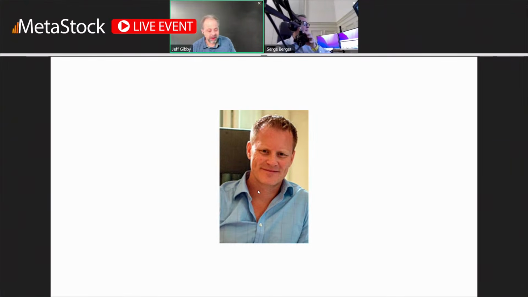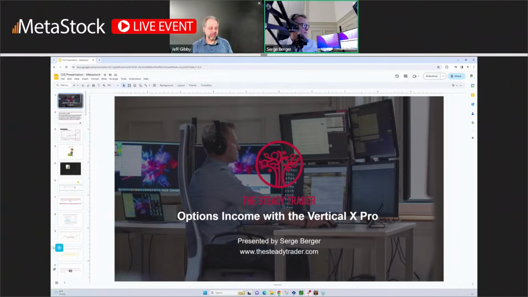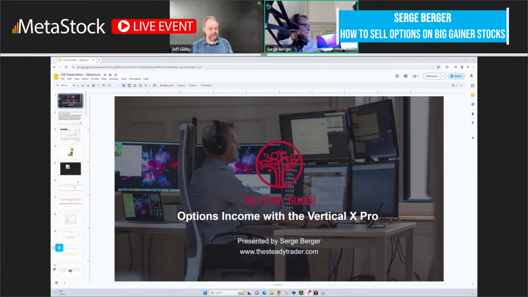Serge, how are you doing today? Hey, Jeffrey. How you doing? Good. How are you? I'm good. I can see you. I'm going to go ahead and turn this over to you. That's helpful. Okay. Perfect. All right, I'm going to quickly get my screen sharing up here. Make sure I can see the questions. All right.